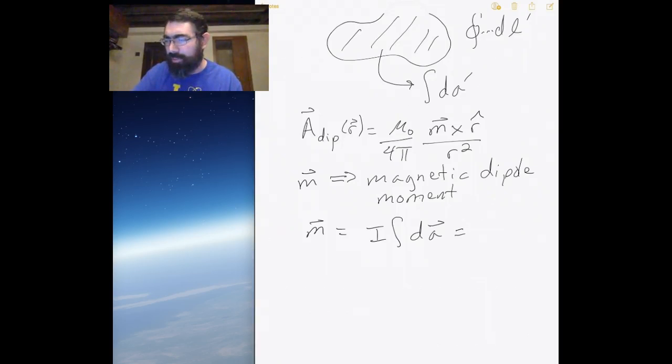Or if it's a constant or uniform current, then it's just the current times the area, including the direction of the area vector.